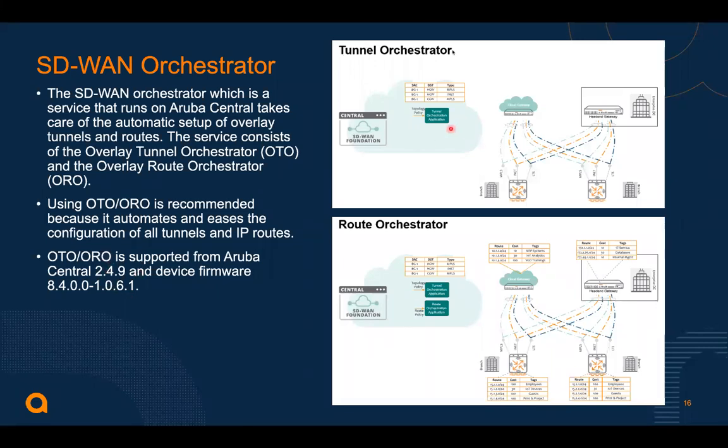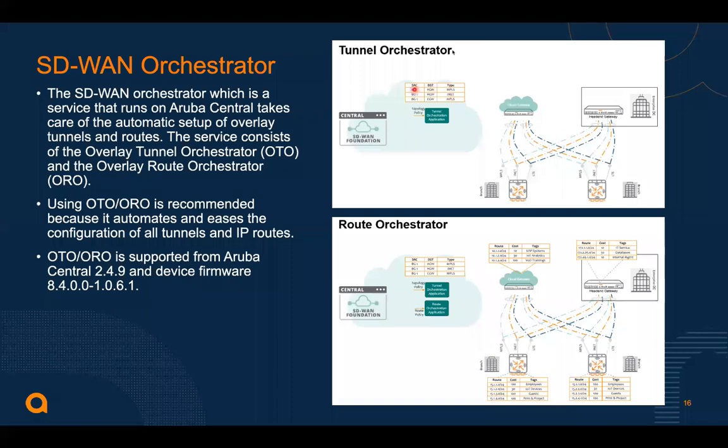When it comes to tunnel orchestration, say for example, we have a cloud gateway, a DC, and a branch, and the branch has multiple uplinks: MPLS, INET, and LTE connections. Using the topology policies, we could set the types.